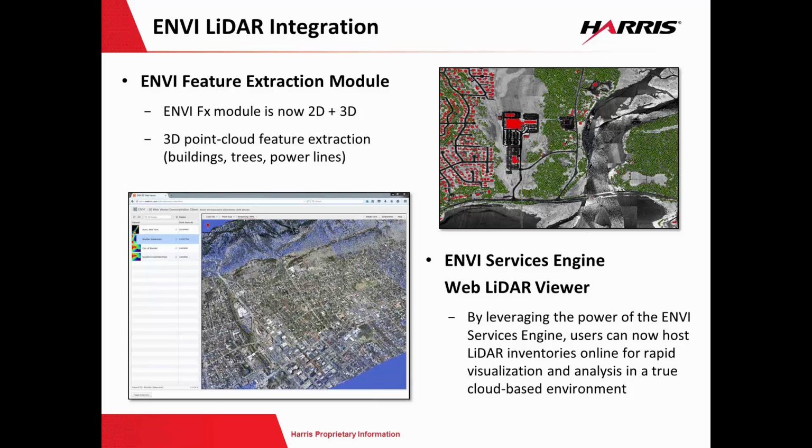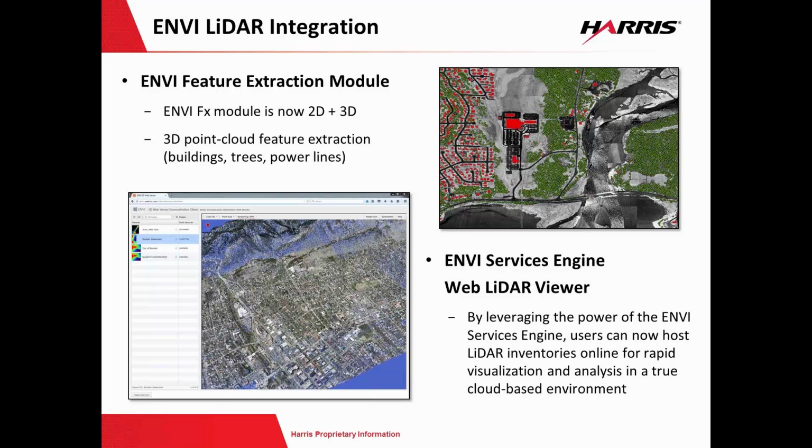So in particular, the ENVI LiDAR capabilities included the ability to extract buildings, trees, and power lines automatically from your point cloud data. So what we've done in this release is to roll these feature extraction algorithms into the ENVI feature extraction module.